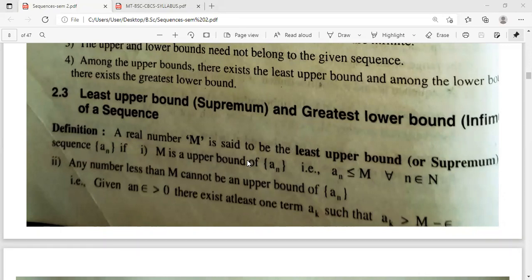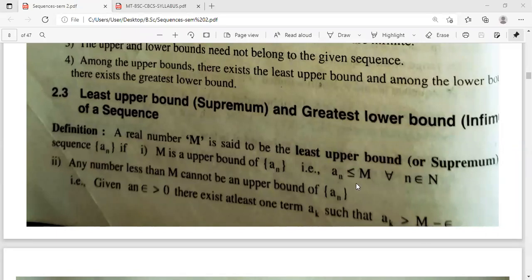Now, the second condition is any number less than M cannot be an upper bound of the sequence an. That means if an epsilon greater than 0 is given, then there will be a term ak such that ak is greater than M minus epsilon.